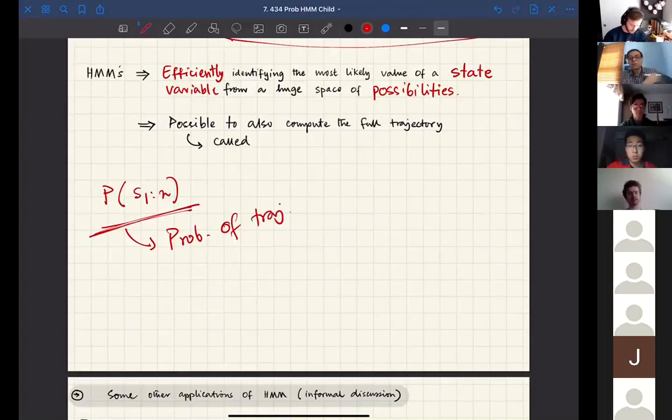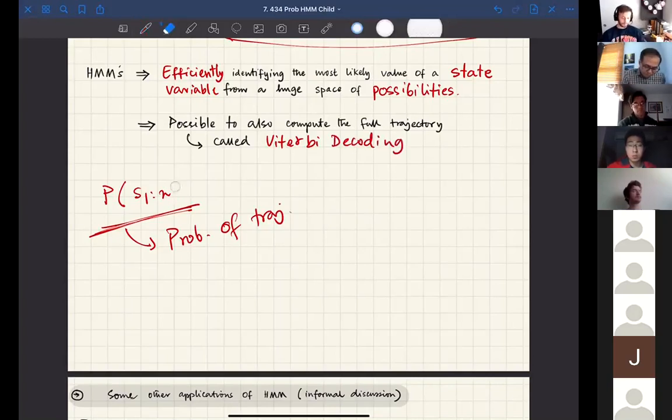So it's also possible to compute the full trajectory, which trajectory has the max probability, and that is called Viterbi decoding. Actually, this is probability of trajectory given, of course, the measurements.